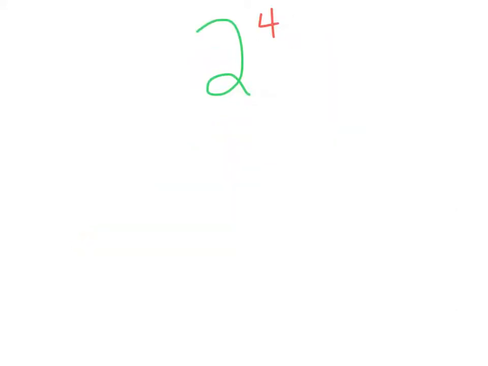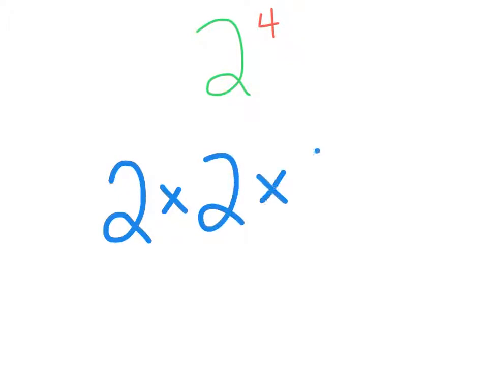So let's give it a try. Here I have 2 with the exponent 4. Some people may also read that as 2 to the 4th power, but we're going to show you how to solve this exponent. It's 2 times 2 times 2 times 2.